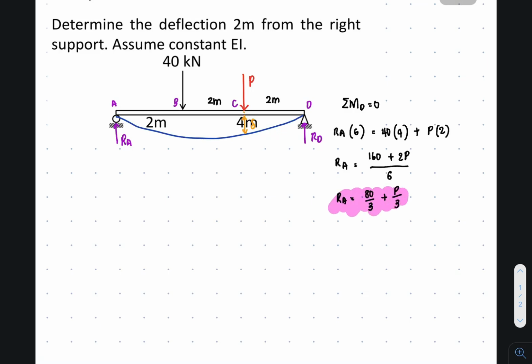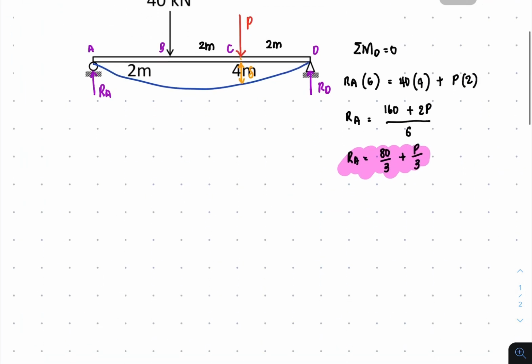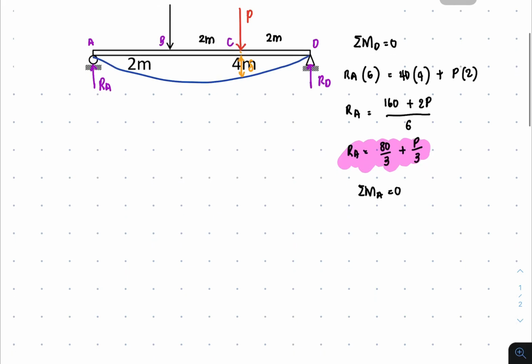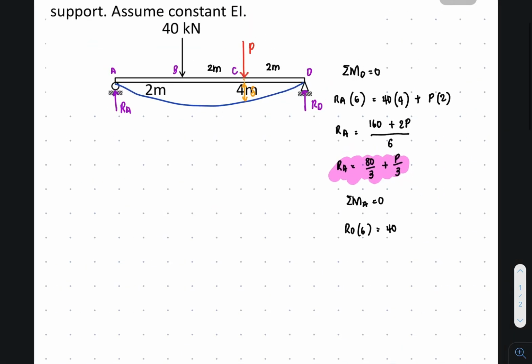And in this case, we're going to solve for RD. So summation of moment about point A, so we can solve for the reaction at D. So all we have here is RD times 6 equal to 40 times 2 and then plus P times 4.